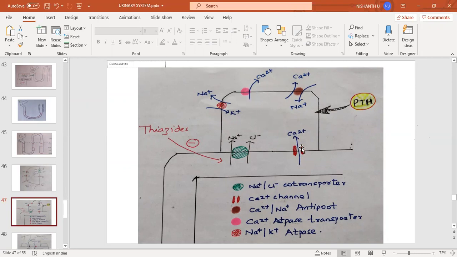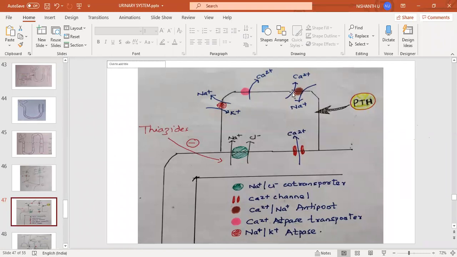This is not the channel; that's just the calcium channel to enter the cell. To move out of the cell, it requires one particular transporter, the calcium ATPase transporter. With the help of this transporter, calcium moves out of the cell into the interstitial fluid and then gets reabsorbed. Apart from that, calcium has another option.